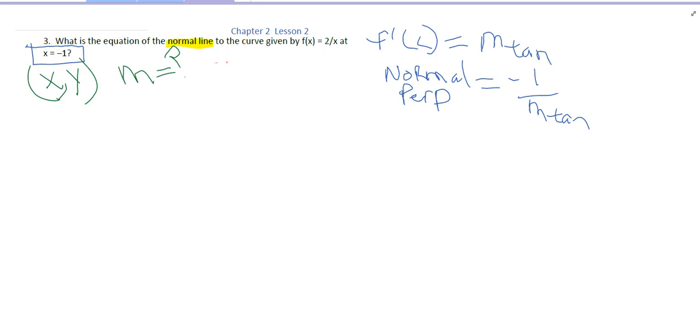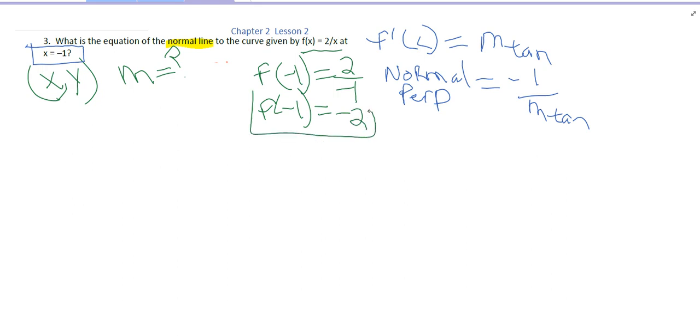So before we get started, we can actually find the y value by using the original function. So if we're going to find the function value or the y value at -1, we simply plug it in and evaluate it, and we get the y value is equal to -2.